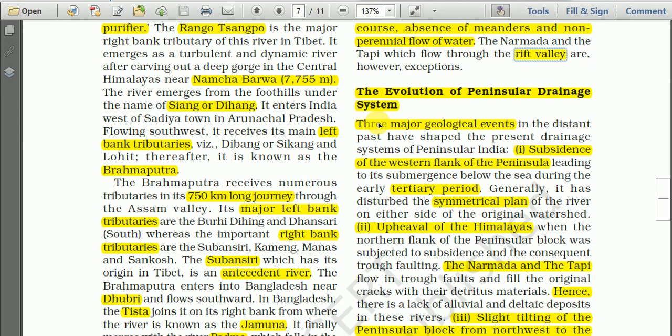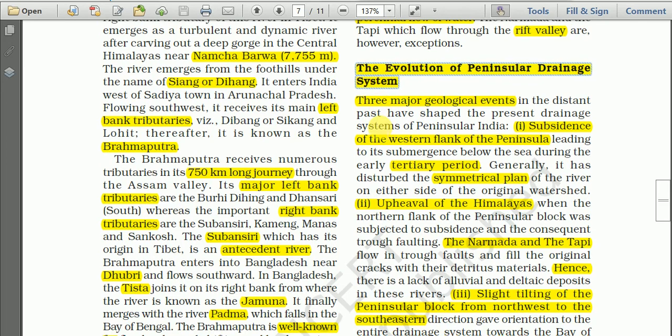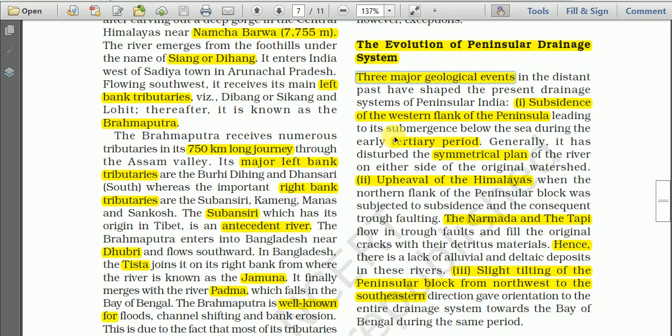Now let us discuss the evolution of the peninsular drainage system, how the peninsular rivers originated. Three major geological events in the distant past have shaped the present drainage systems of peninsular India.